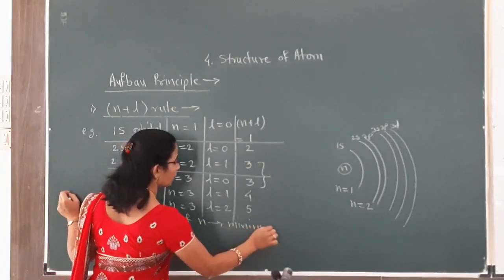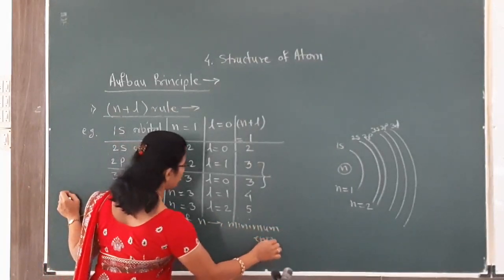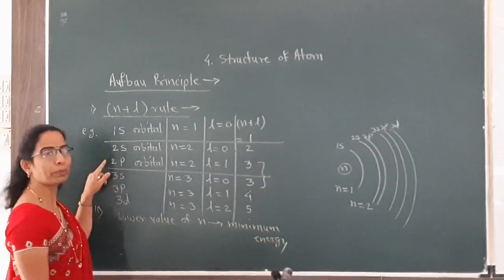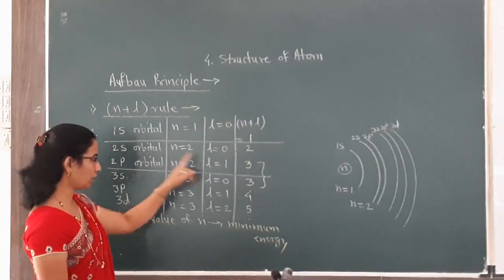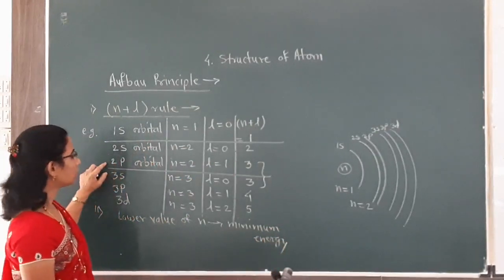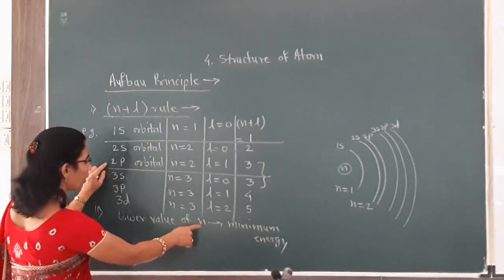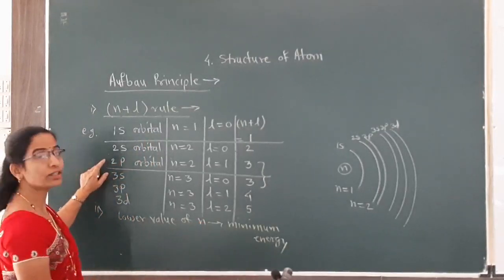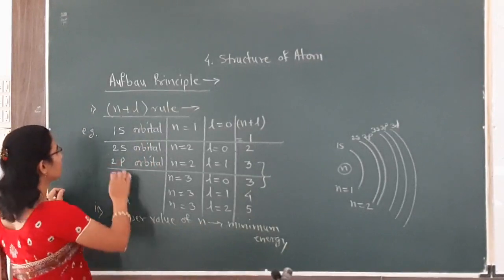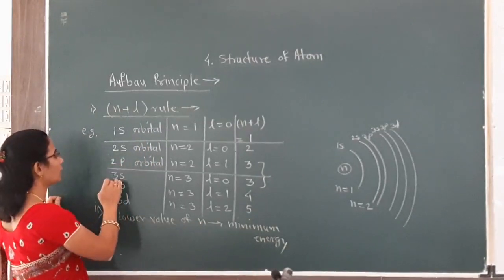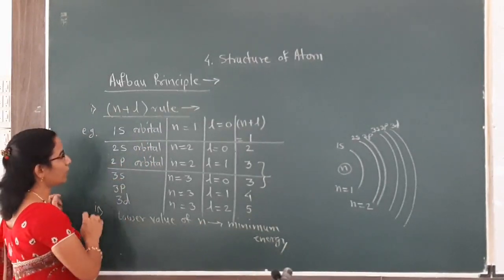So out of these two orbitals, that is 2p and 3s, the orbital having the lowest value of n, that is 2p, and that's why this 2p orbital will have less energy than the 3s orbital.